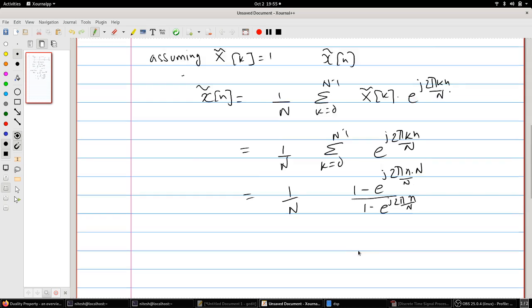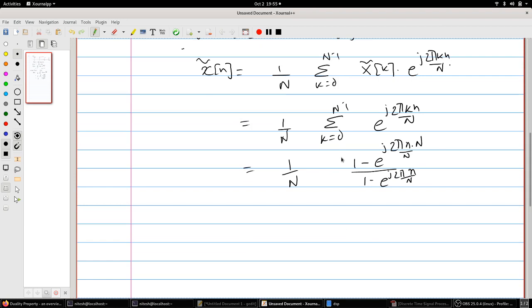Now from this expression I know that for n equal to 0 or n equal to multiples of N, this value will be N. For n not equal to multiples of N, this value will go to 0.